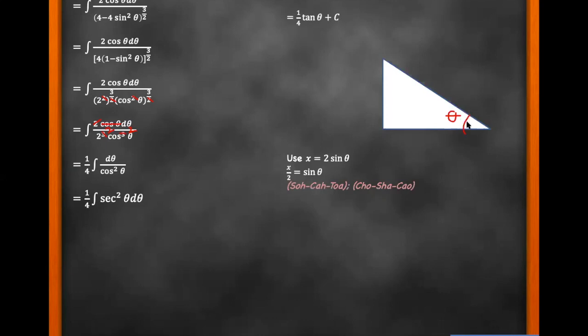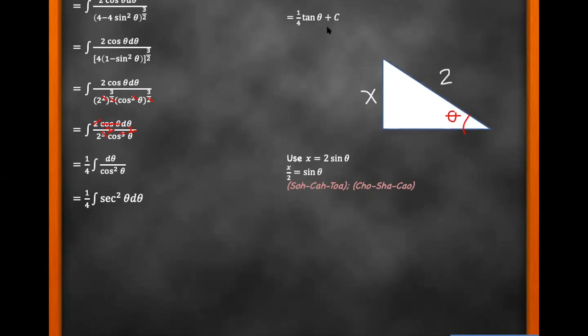Sine theta means opposite over hypotenuse. So this variable in the numerator is the opposite side, and this constant in the denominator is the hypotenuse. So we write here opposite over the hypotenuse. So that's it.